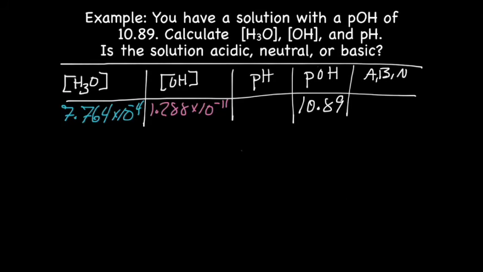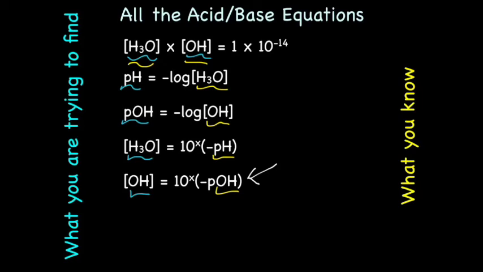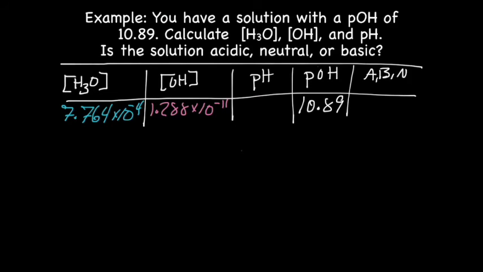Okay, the last thing we need to calculate is pH. So let's see. This is the stuff we need to find out on the left-hand side. So we can use pH equals negative log H3O. So pH equals negative log concentration of H3O.